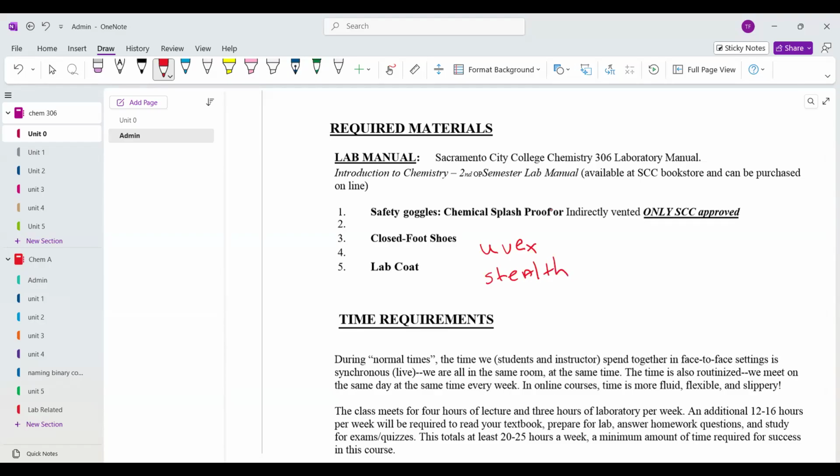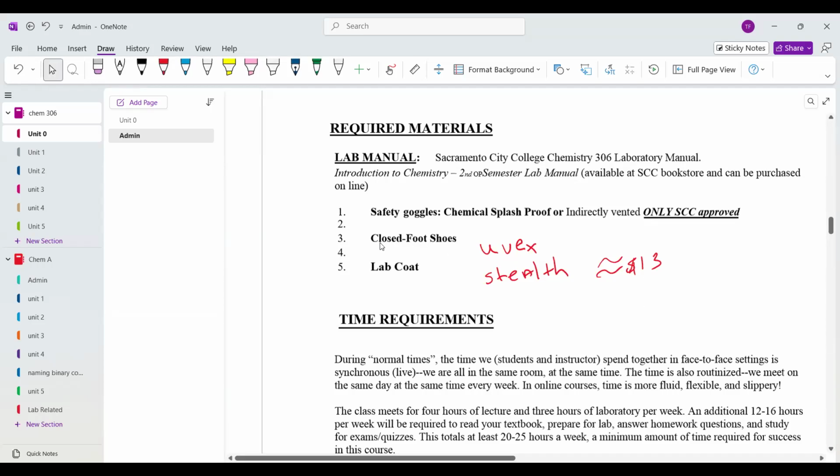I have a pair that I've used for 10 years, and they still work fine. They're $13-ish, plus tax. If you have Prime, the shipping will be free. And you need those for the wet labs, not the dry labs.